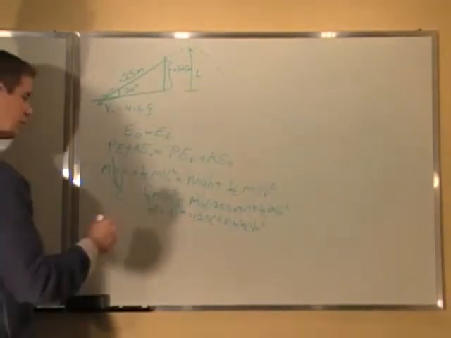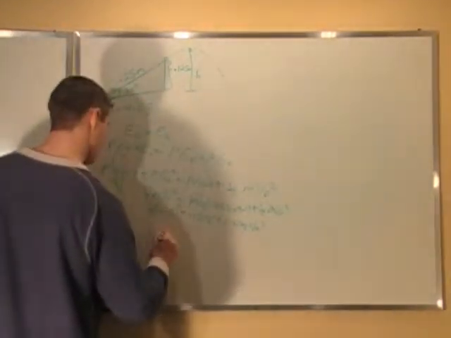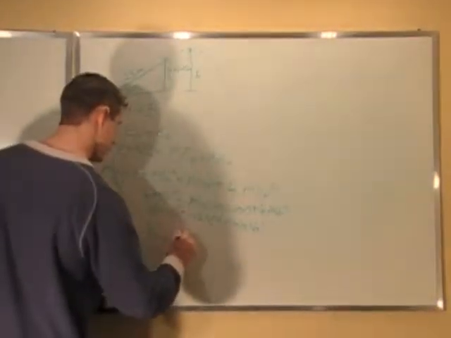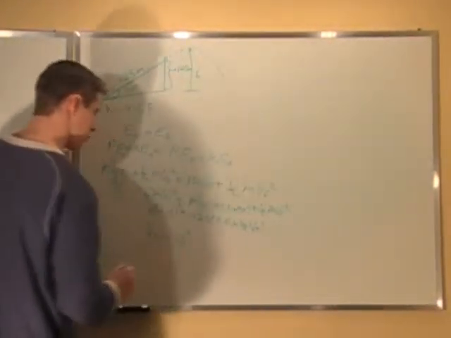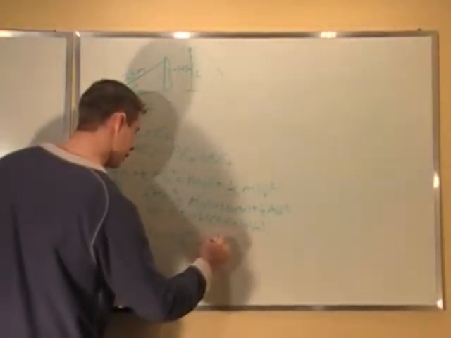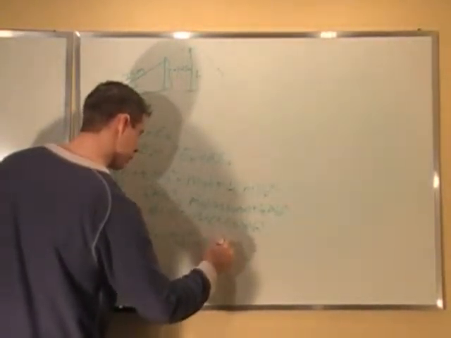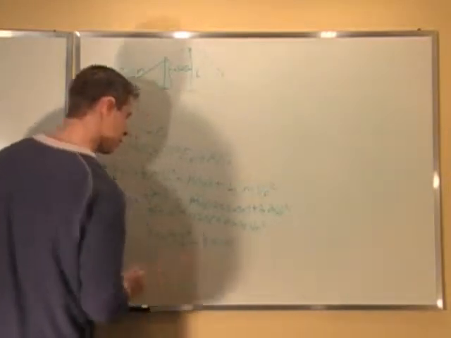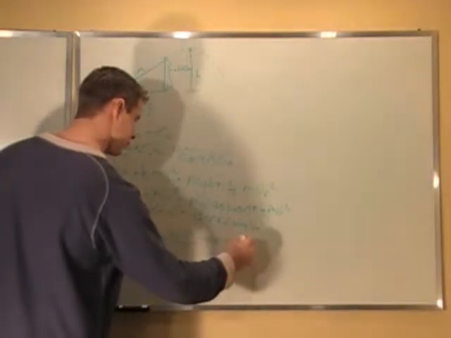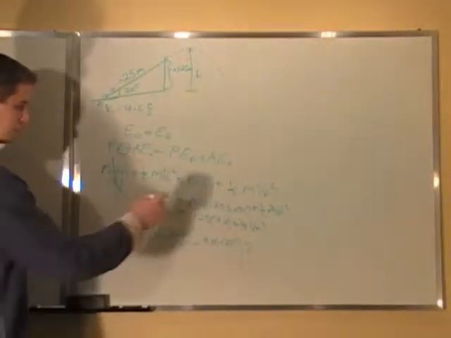Solving for v final, we have 4.6 squared over 2, subtract off 9.8 times 0.125, multiply everything by 2, and take the square root.